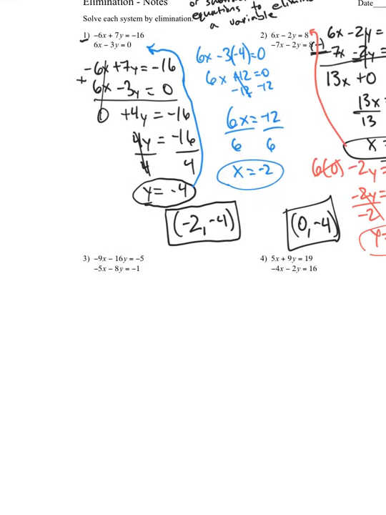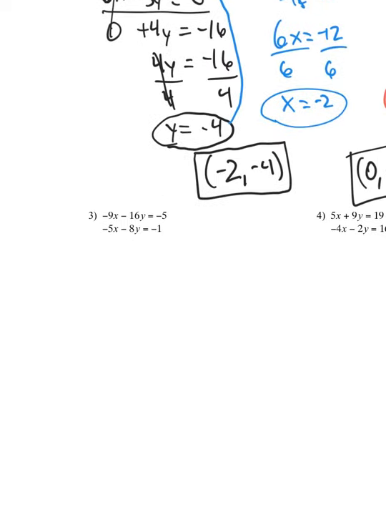Sometimes you have a problem like number 3, where we don't have same terms, we don't have opposite terms, and we need to multiply one of the equations by a number to create opposites.